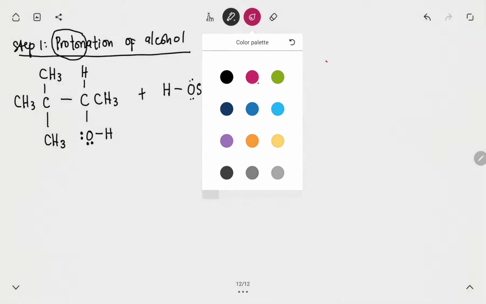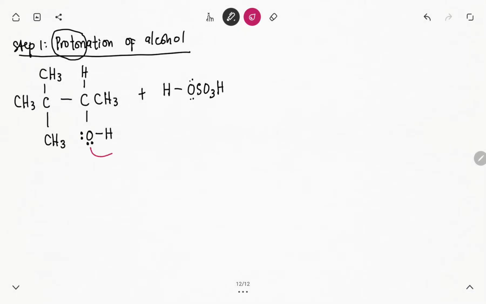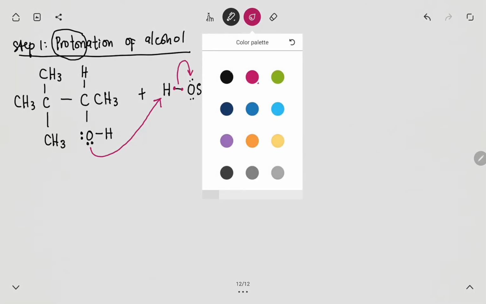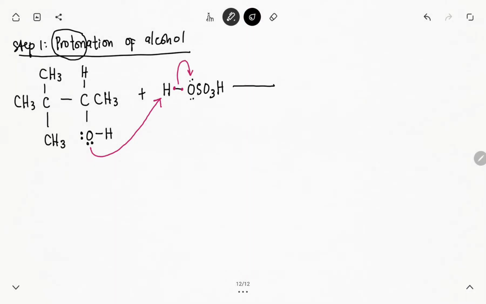The lone pair from the oxygen will form a covalent bond with the hydrogen atom in sulfuric acid, and at the same time the bond between H and O will undergo cleavage. So the electrons are given directly to the oxygen, and the final product forms. This is a fast step reaction because we just added the proton from the sulfuric acid.